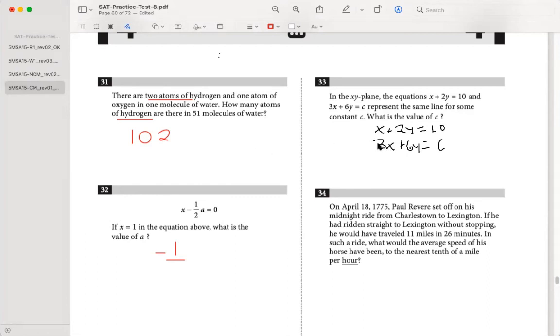So for 33, what are you saying? The answer is... Or are you talking about 33 or are you talking about another one? Yeah, exactly.